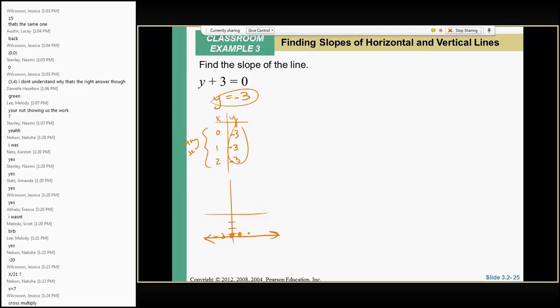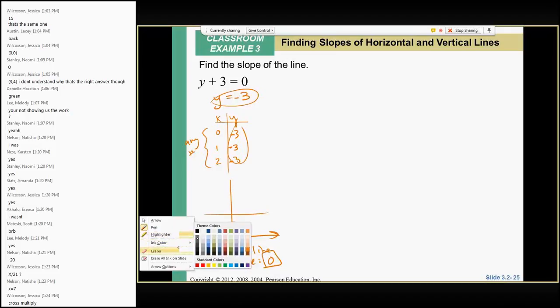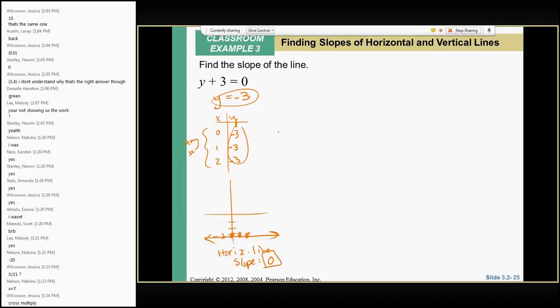All right, so we know it's a horizontal line. What do we know about horizontal lines? They have what kind of slope? 0. Very good. Now, you could actually figure this out if you wanted to use your slope formula, where it's y2 minus y1.